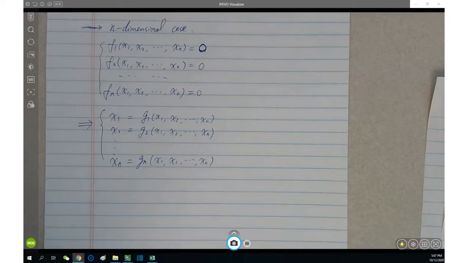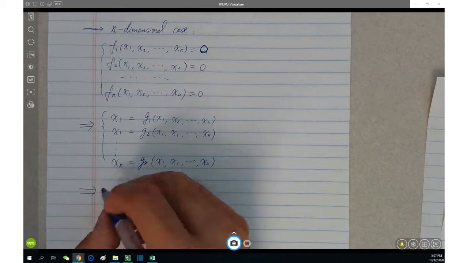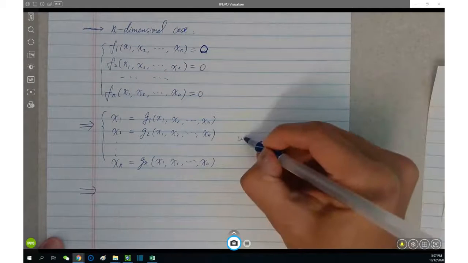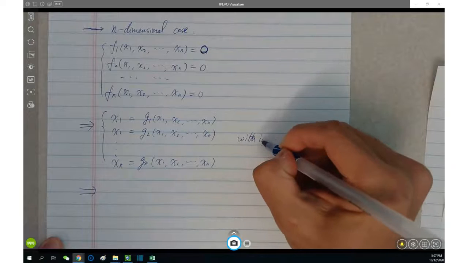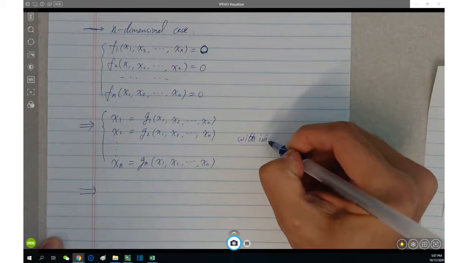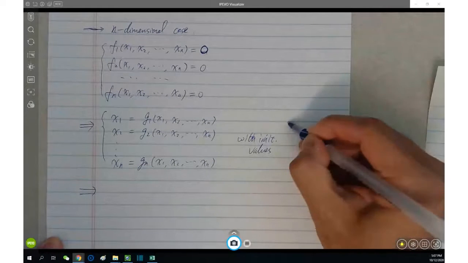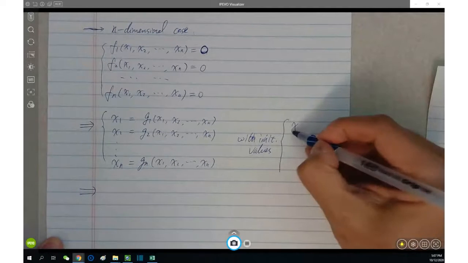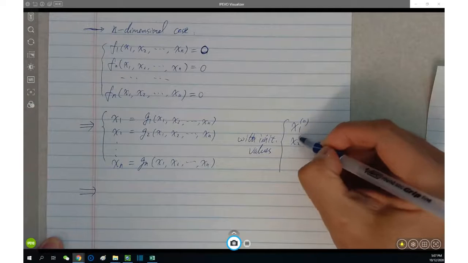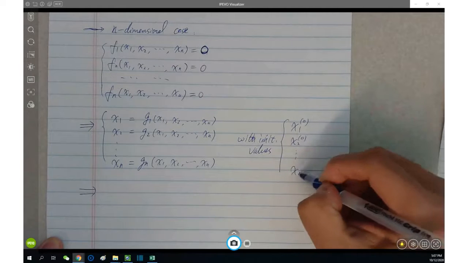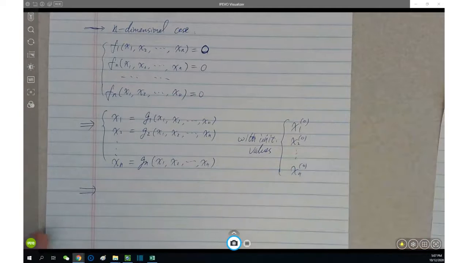And then when you conduct the derivation, well, with initial values. Initial values mean what? x1 of 0, x2 of 0, all the way to xn of 0, right? These need to be given, or somehow you obtain them in the first place.